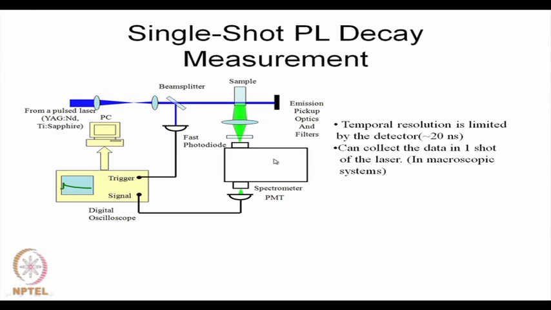Suppose in one shot your signal is not very smooth, if it is noisy, then you may average this decay for 100 shots, 50 shots, or 25 shots, depending on how good the signal quality is. If the signal quality is very high, then one shot is okay. This is the way you can collect a fast decaying fluorescence profile.